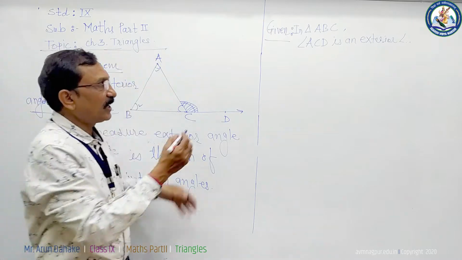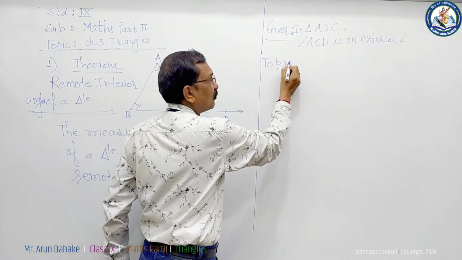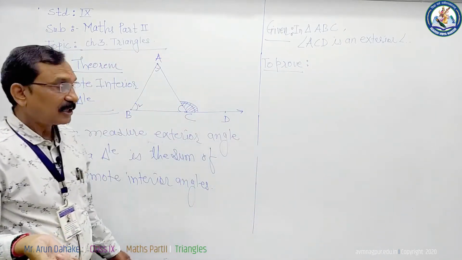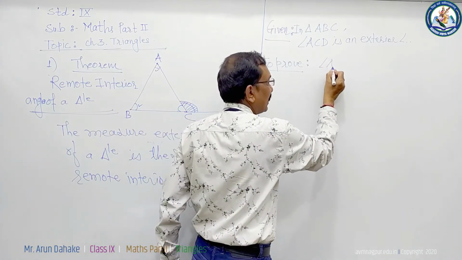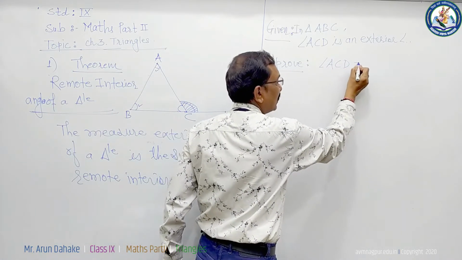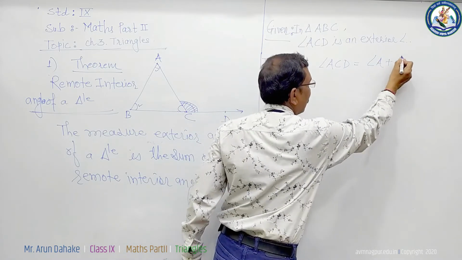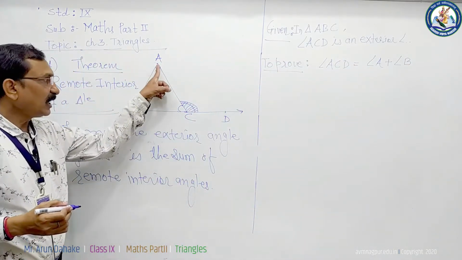Now, we'll see what to prove. What do we have to prove? The result is that the measure of angle ACD is equal to angle A plus angle B. This is the sum of these two.